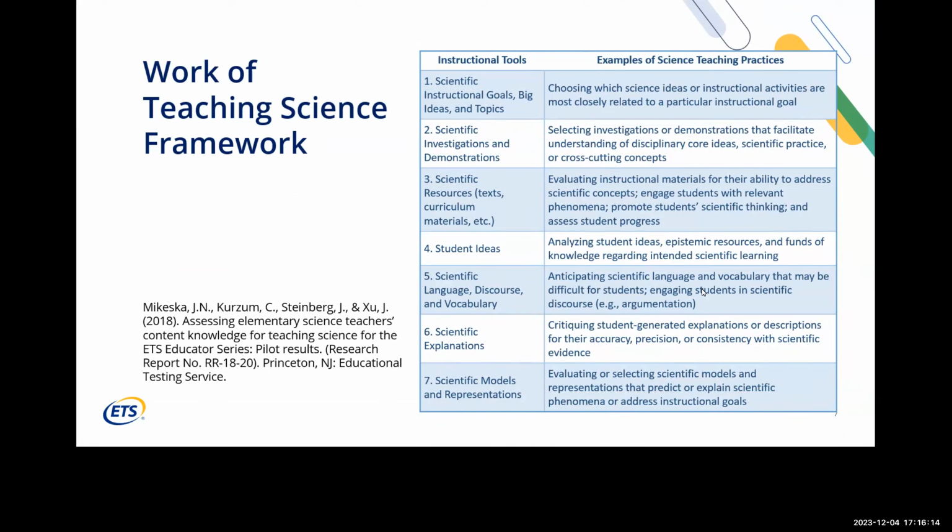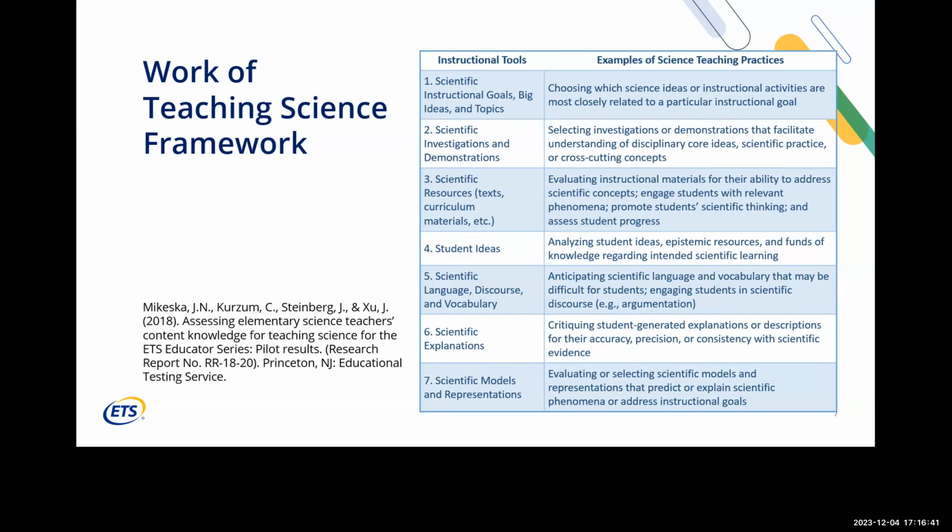In some of our earlier work, we convened a national panel of elementary science teacher educators and elementary science teachers to develop this framework that you see here, which we call the Work of Teaching Science Framework. This framework is organized into 7 different categories that identify different instructional tools that elementary science teachers interact with as they engage in the work of teaching science.